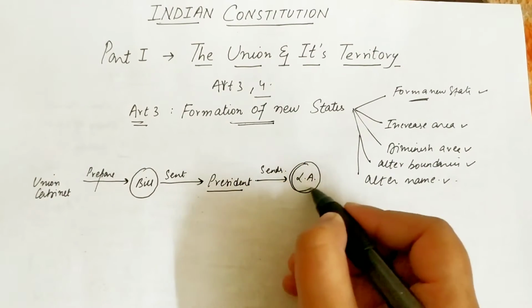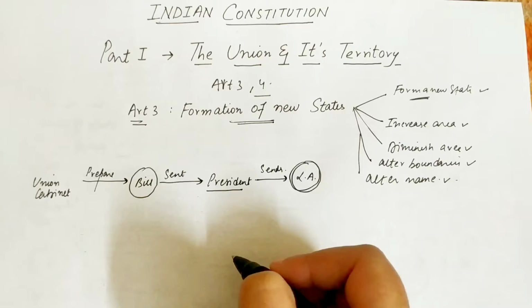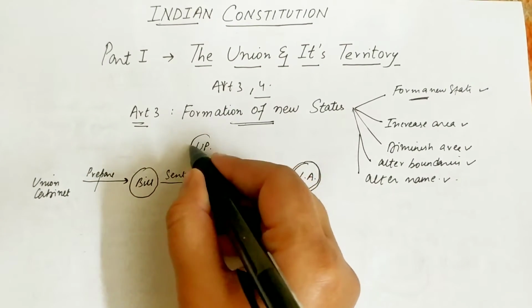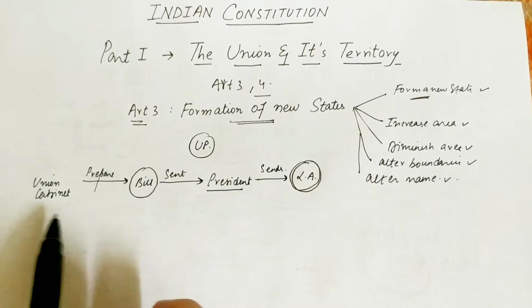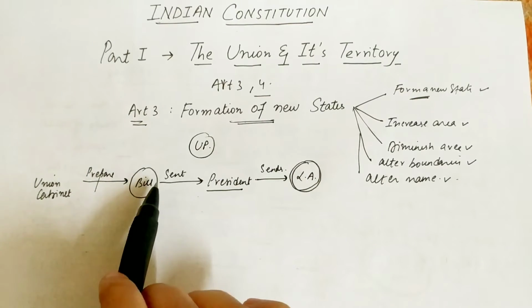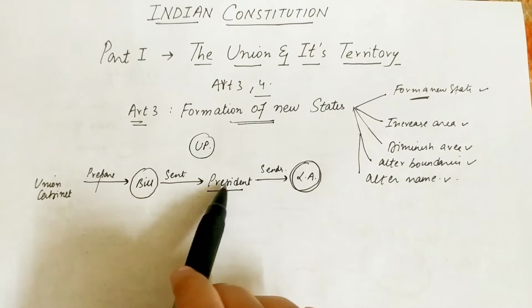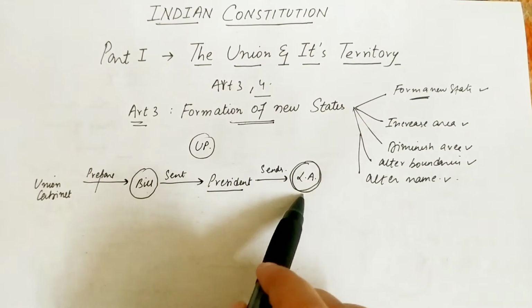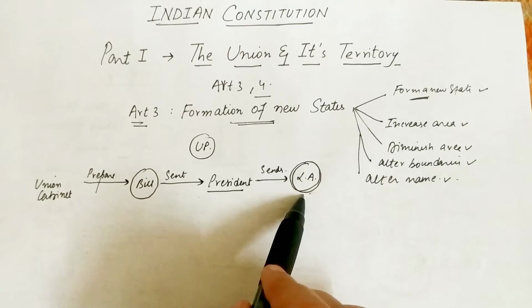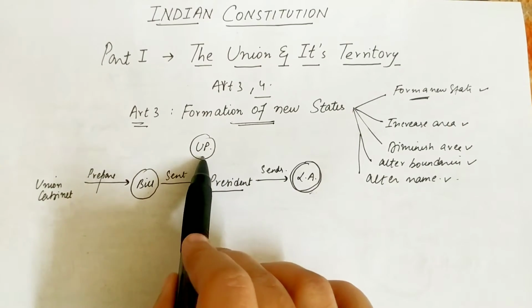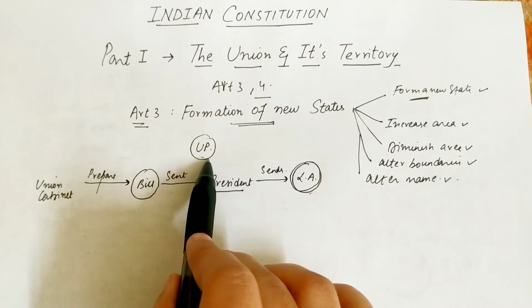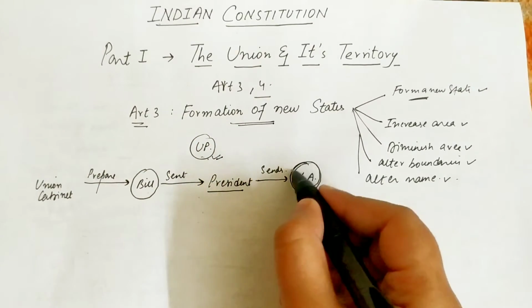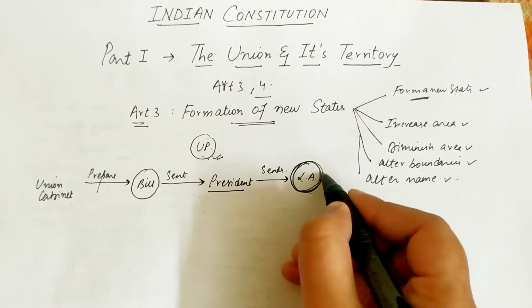Let's take an example. Suppose we have to bifurcate the state of Uttar Pradesh. The Union Cabinet prepared the bill. The bill was sent to the President. The President sent it to the Legislative Assembly of Uttar Pradesh, because Uttar Pradesh is the affected state, being bifurcated in our example.